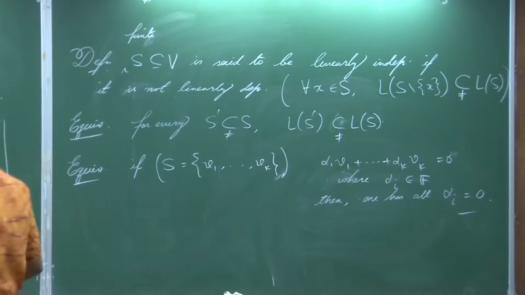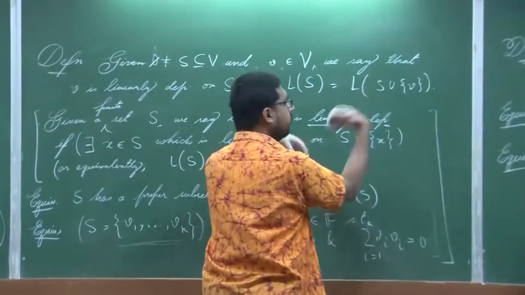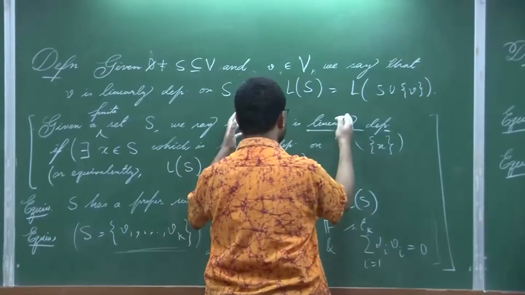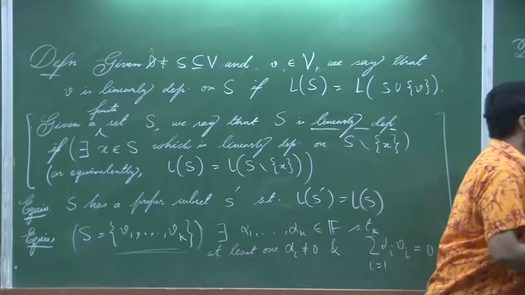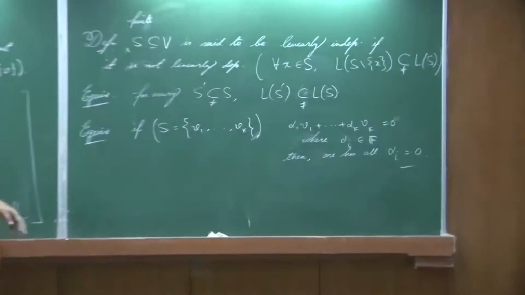Linear independence means the opposite of linear dependence, so this is equivalent to the negation of that. This is the definition of linear independence.